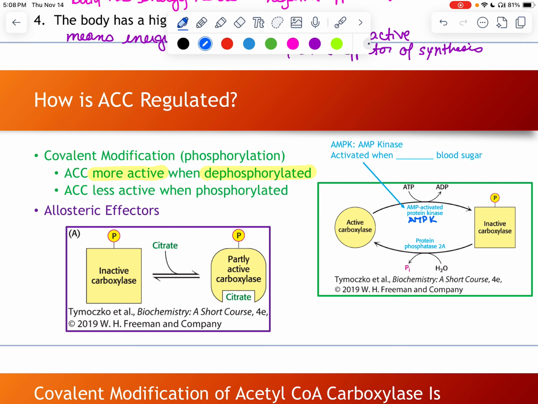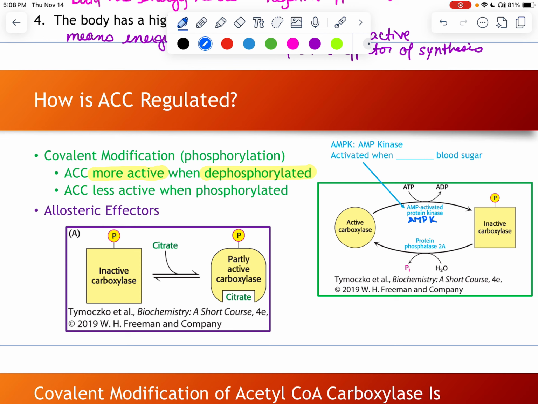So will this get activated when AMP is low or when it's high? Okay, so if we need energy, AMP would be high when we need energy.